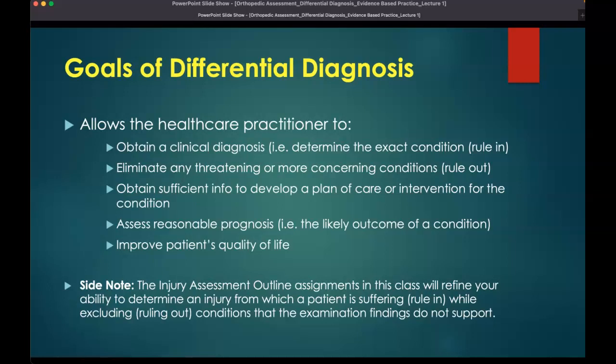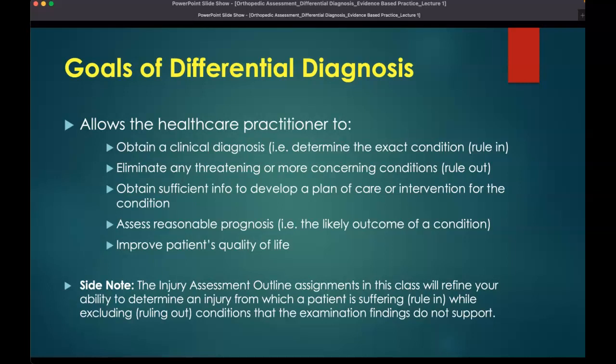And then ultimately, when we're able to rule out pathologies and come to one conclusion or diagnosis, we're able to treat that patient better because we're able to create a plan of care, create patient goals, create rehab protocols if we need to do that, right? And we're able to improve the patient's quality of life, which to me is probably more important than any of the other things listed there.